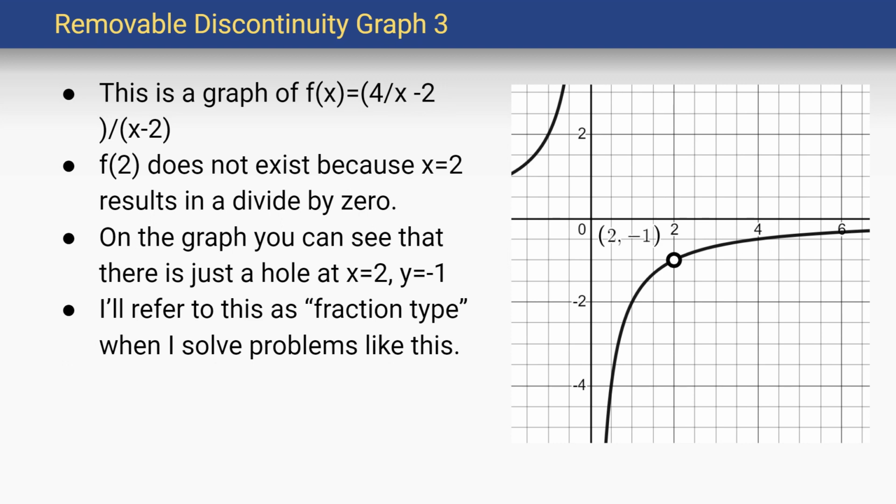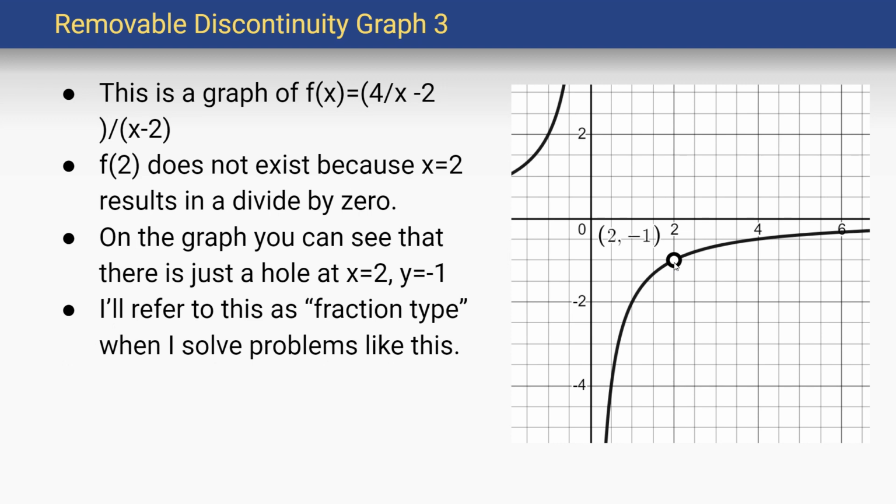And I call this the fraction type because 4 over x, that's not the kind of thing that happened in the previous case, right? There was no 4 over x type thing in the previous two examples that we looked at. But on the graph, you can see that there's a hole at 2, right? So it's the same kind of discontinuity as the other ones in the sense that it's just a hole in a graph.